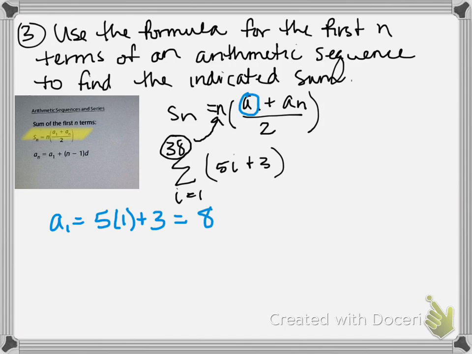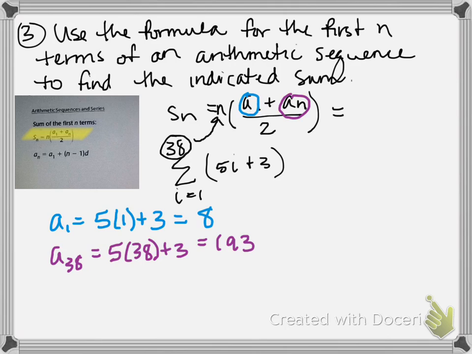And then a sub n is when I plug 38 into my rule. So I'm going to find a sub 38. And I'm going to get 5 times 38 plus 3. That gives me 193. Okay, so let's plug in.